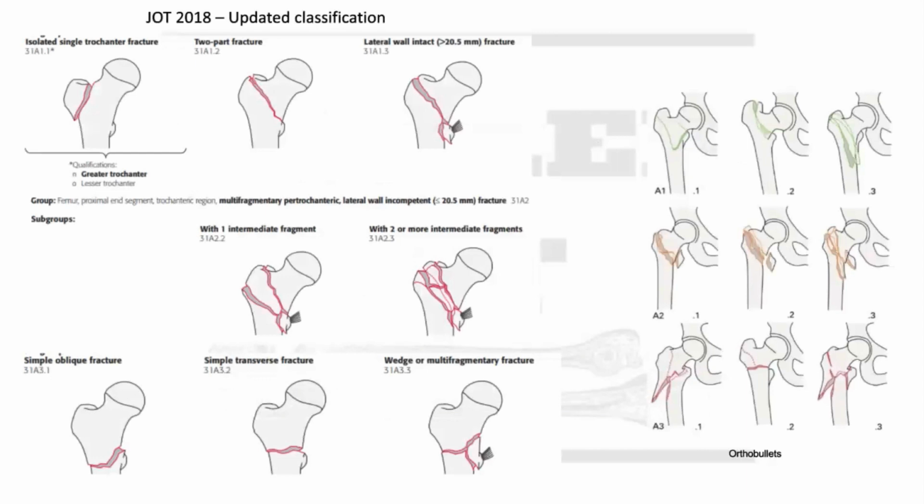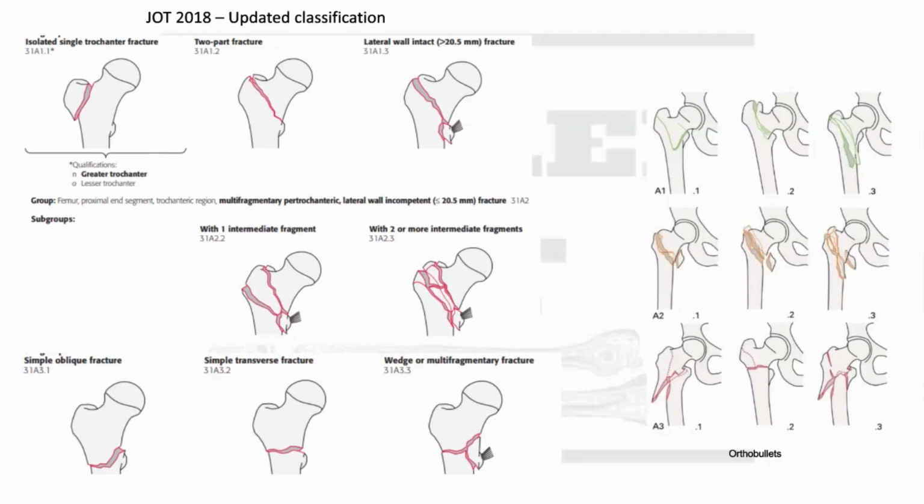Just for everyone's awareness, if you're looking at the slides, we have a slide of the OTA/AO fracture classification. On the left, we have the JOT 2018 updated classification that was published, and on the right, we have the more common one that you see online and the one that you'll see if you search. The real change is in the A2 classification.